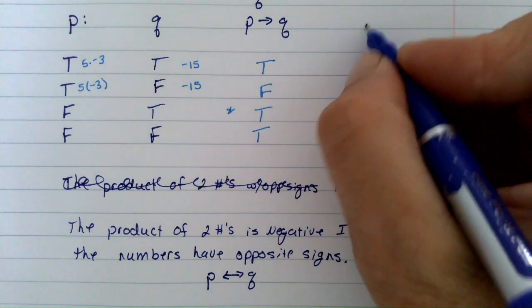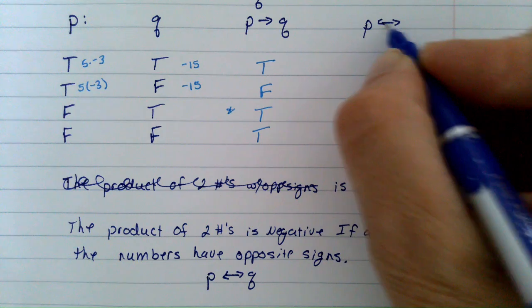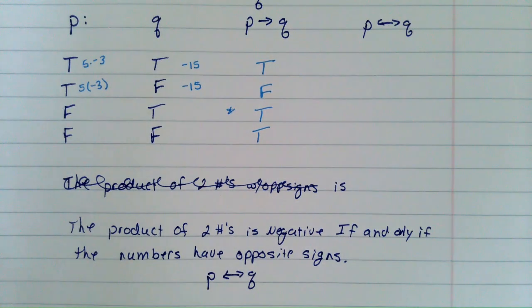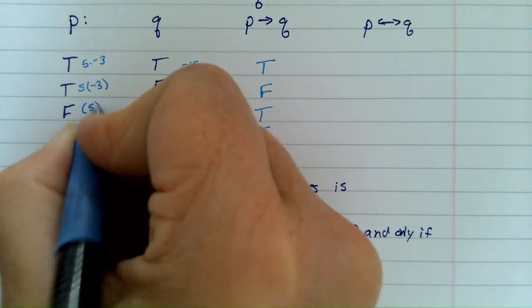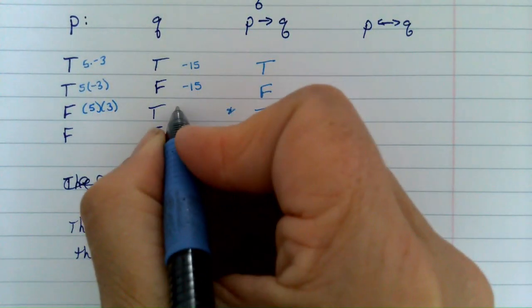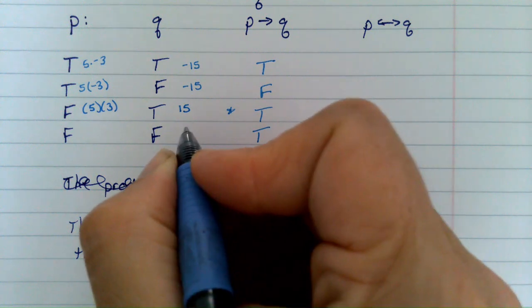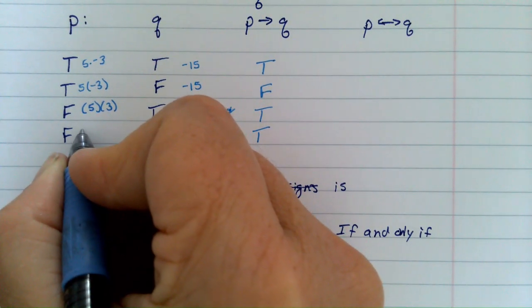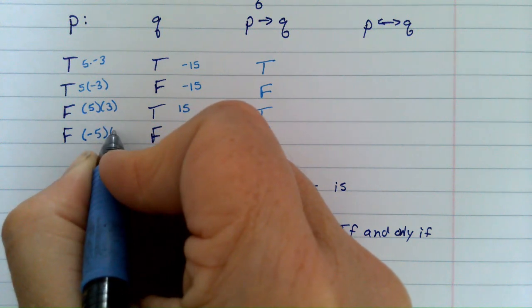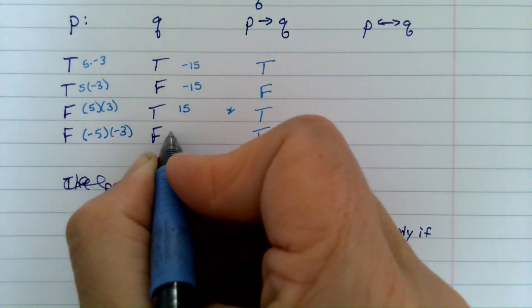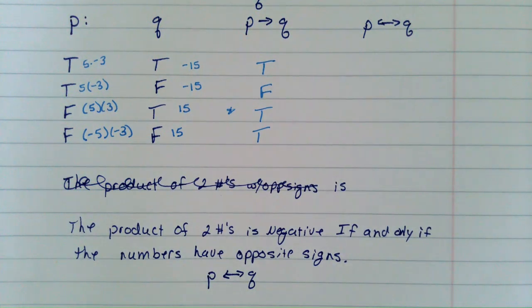Oh, so let's come back up here and think about this. P, then Q. Well, five times 3 is positive 15, right? Negative 5 times negative 3 is also positive 15.